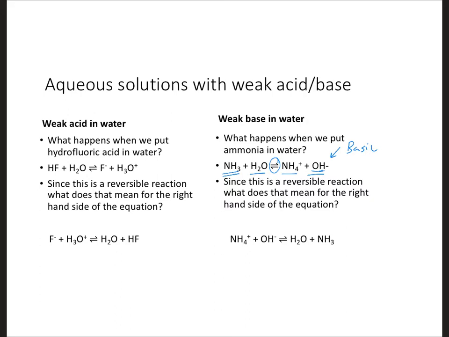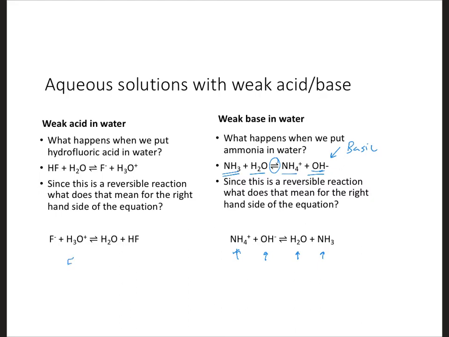That reversible reaction means that the reverse reaction is happening, and so ammonia forming that ammonium ion now can react with the OH minus that it formed when it pulled the proton off of water to go back and form water and go back into ammonia. So a characteristic of these weak acid and base scenarios is that it's not anywhere near 100%.